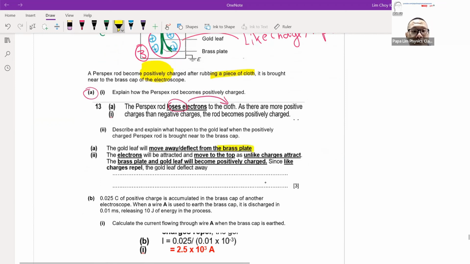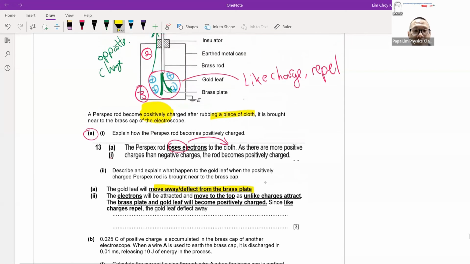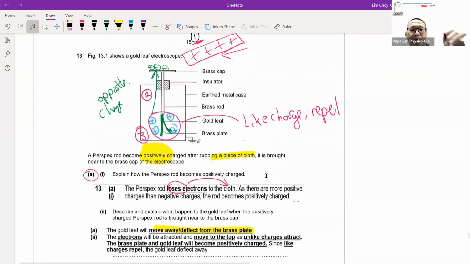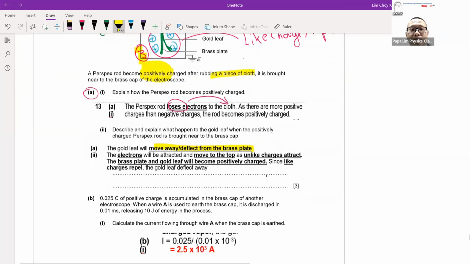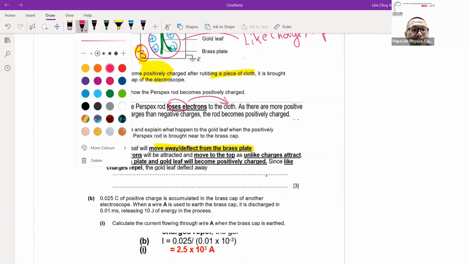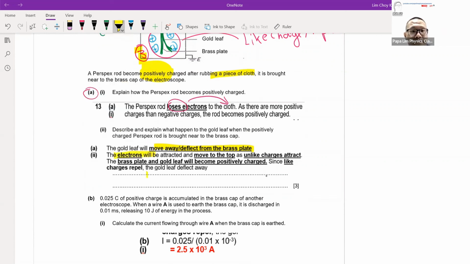The gold leaf will be deflected from the brass plate. Okay, this is what happened in the whole process. It's a process of 1, 2, and 3. So when you write your answer, you have to write these 3 steps, where I talk about the electrons in the gold leaf moving up because unlike charges attract.